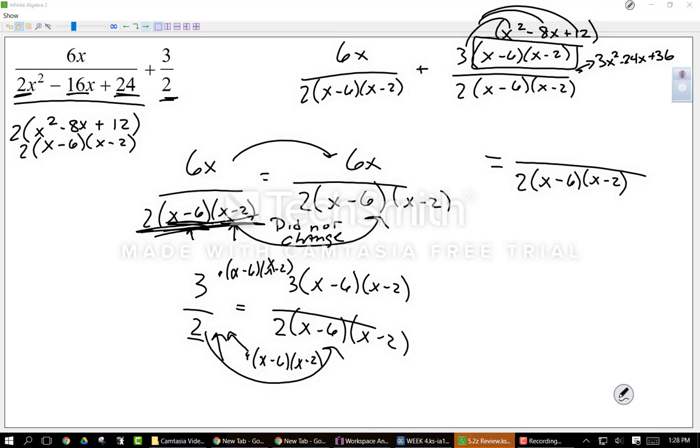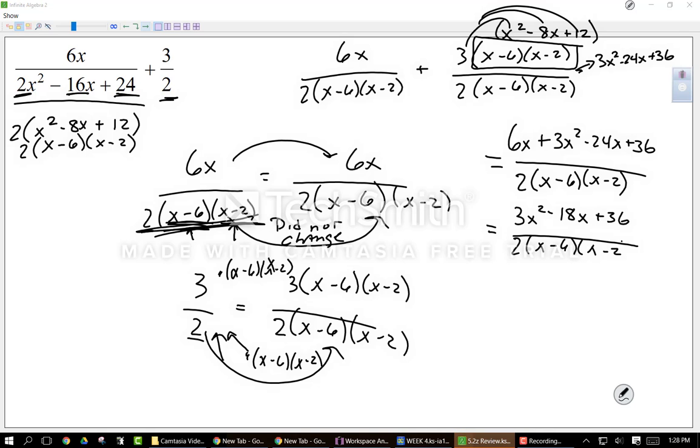That's being added to the 6x prior. So remember, this is a plus, it's being distributed, plus 3x squared minus 24x plus 36. Combine like terms. 3x squared minus 18x plus 36 over 2 times x minus 6, x minus 2.